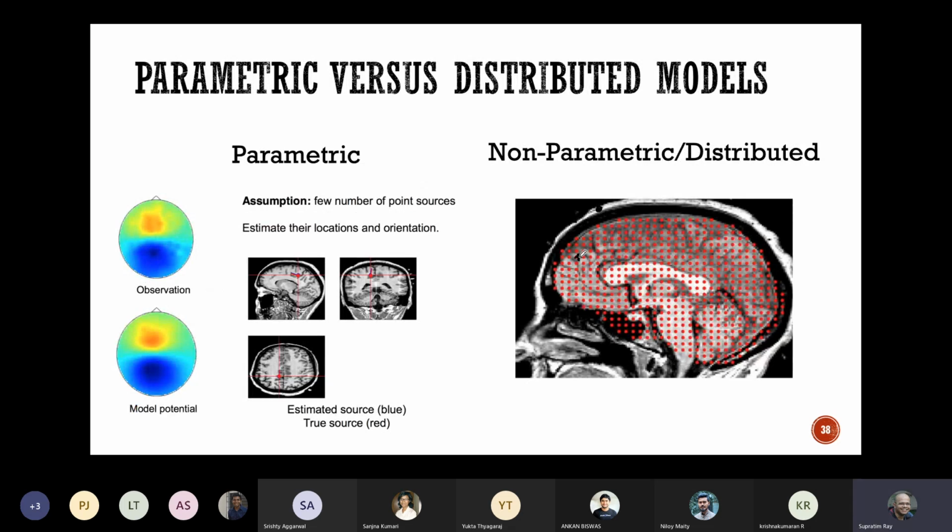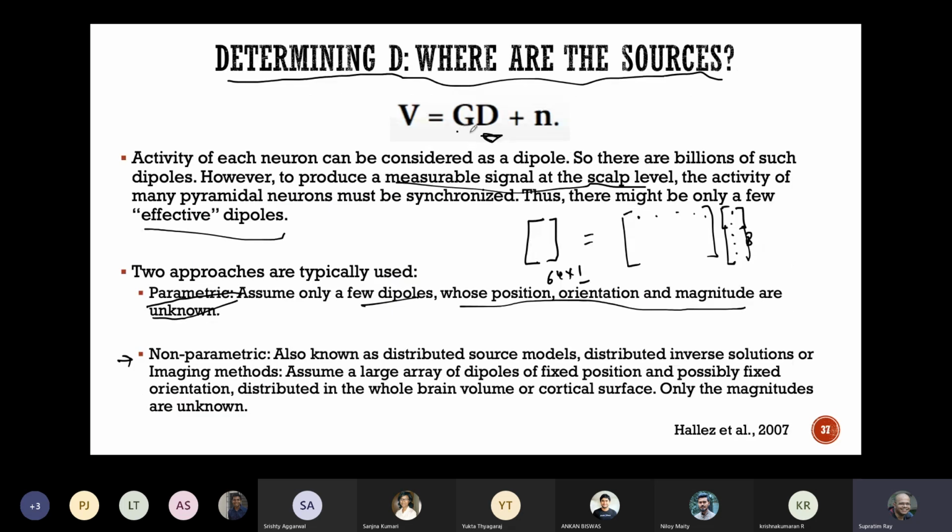Because the location and orientation of the dipole is fixed, if I say I'm going to put a unit dipole here, I can estimate. It's a hard thing to estimate, but I can do it by solving the boundary conditions, blah, blah, blah. And I can estimate the potential at any point, which means I can actually pre-estimate what G is.